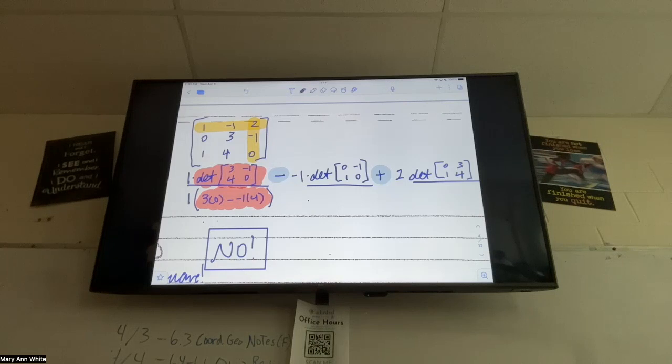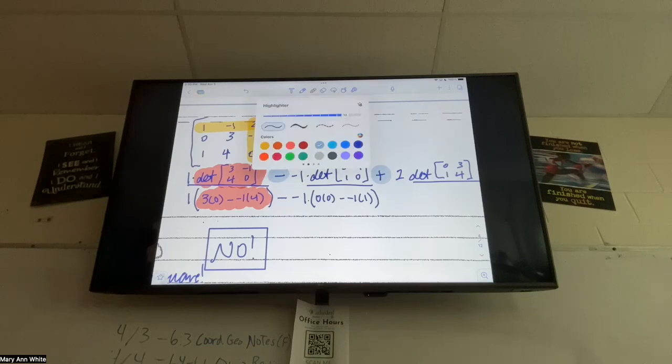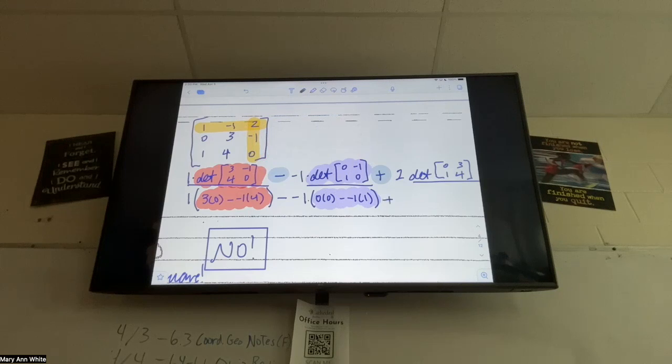Okay. Now I'm going to think of that as minus -1 times the determinant of my next matrix, which is 0 times 0 minus -1 times 1. And then last I've got +2, and then the determinant 0 times 4 minus 3 times 1.